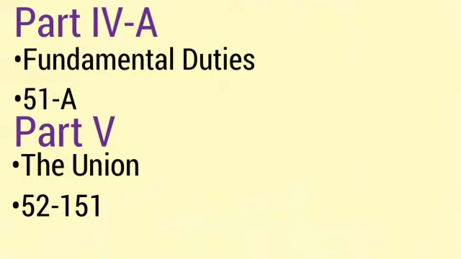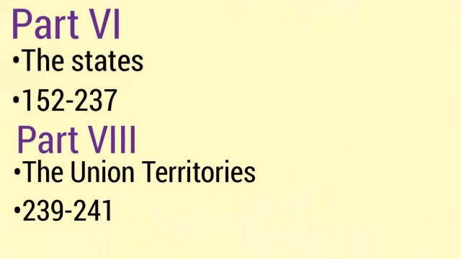The Union consists of the executive, parliament, legislative powers of the president, the Union judiciary, and the Comptroller and Auditor General of India, CAG. Part 6 is the States. The States consist of general, which means definition, the executive, the state legislature, legislative powers of the governor, the high courts in the state, and subordinate courts.